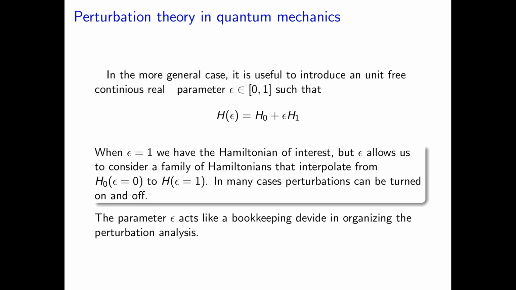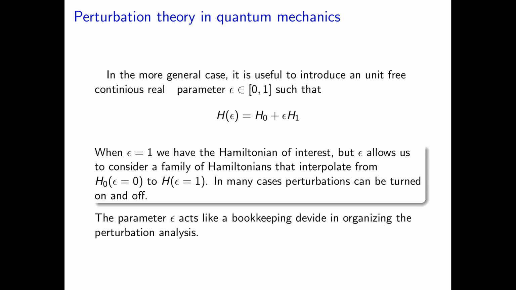For example, we will do the Stark effect, or the Zeeman effect, which is turning on a magnetic field externally, and you can increase and reduce the magnetic field. The only criterion is that the perturbation needs to be small, but what is small and how small is small enough, we will estimate in a moment.